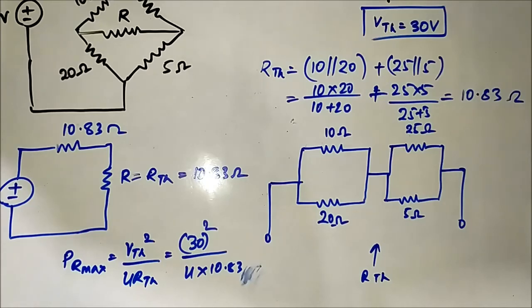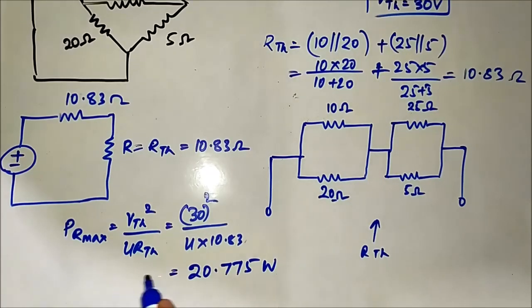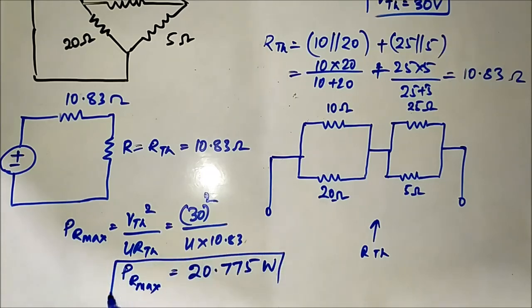10.83, which is equal to 20.775 watts or 20.78 watts. PR max is equal to 20.775 watts.